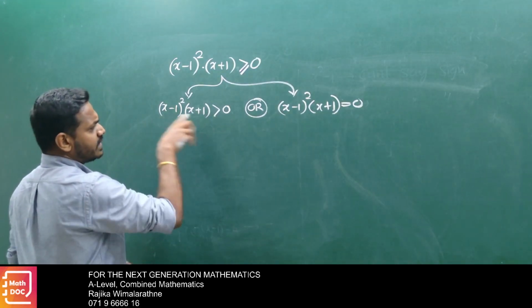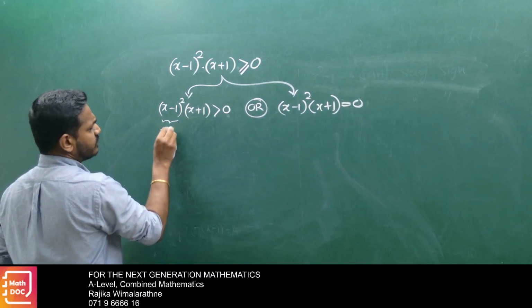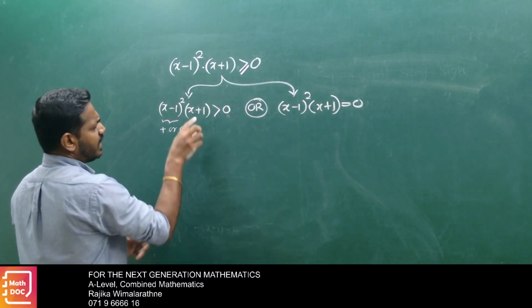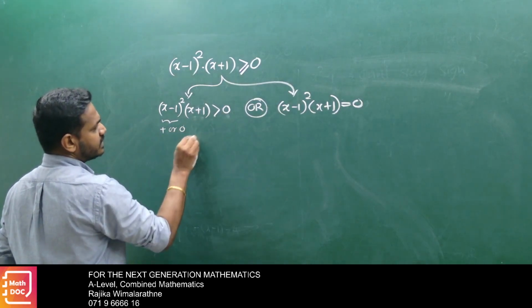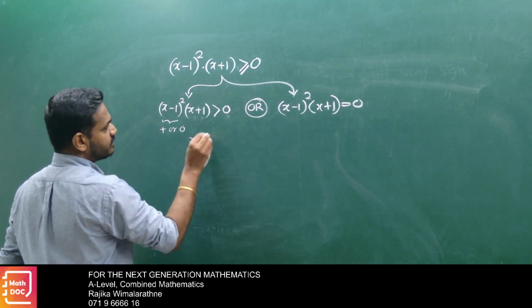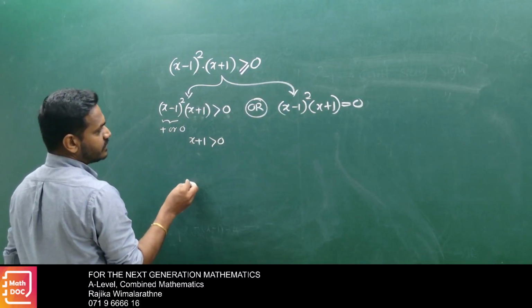Now we can evaluate this. Here the square part is positive or 0, and for the inequality we have to select only the positive region. Then you consider only x plus 1 greater than 0.